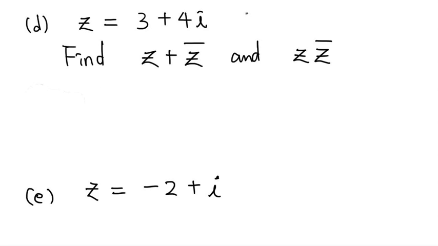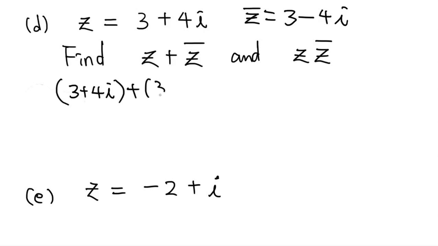So what is z bar? z bar is 3 minus 4i. Now if you take the sum of 3 plus 4i and 3 minus 4i, the 4i and minus 4i cancel, and we get 3 plus 3, which equals 6.